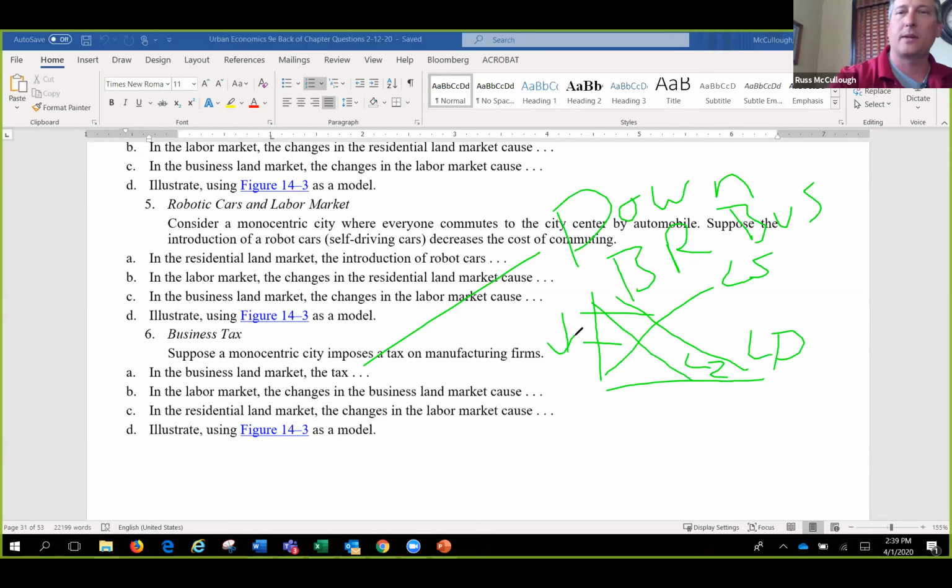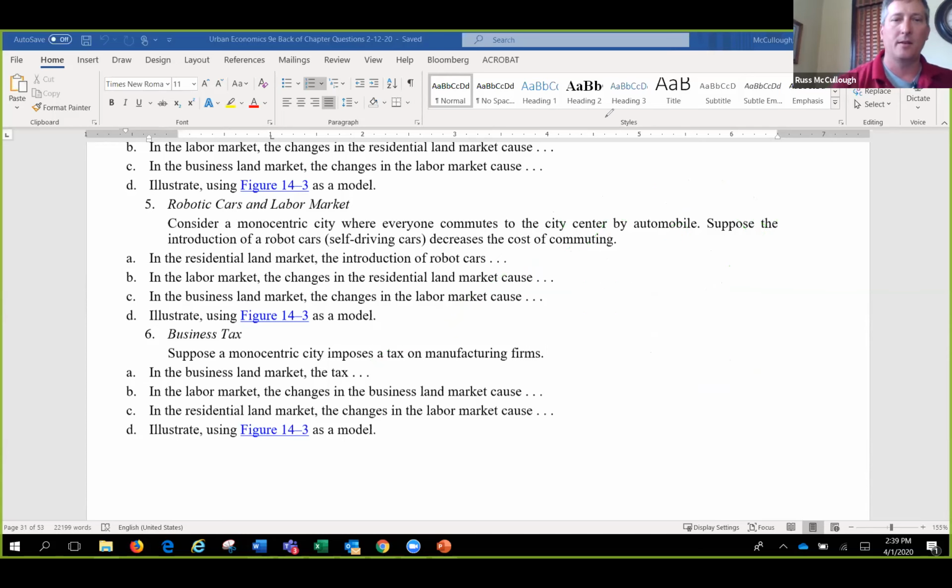Part C, in the residential land market. The changes in the labor market cause what? What's going to happen when wages fall? What happens in the residential land market? So the residential bid rent function, is that going to go up or down? Less people live there, yes.